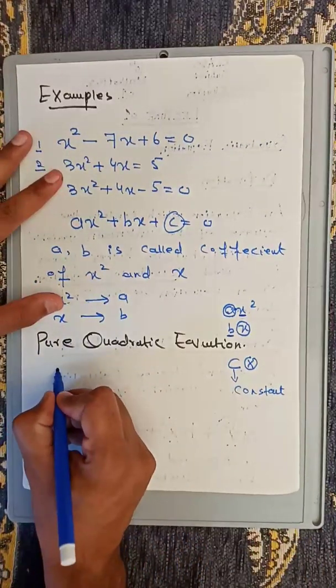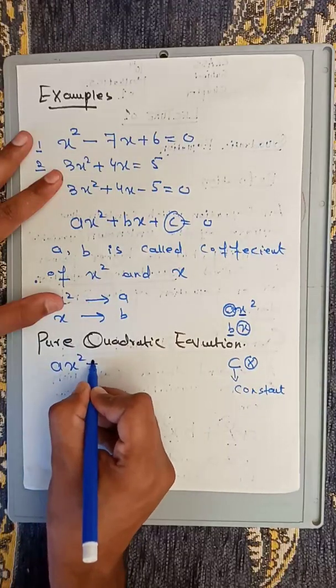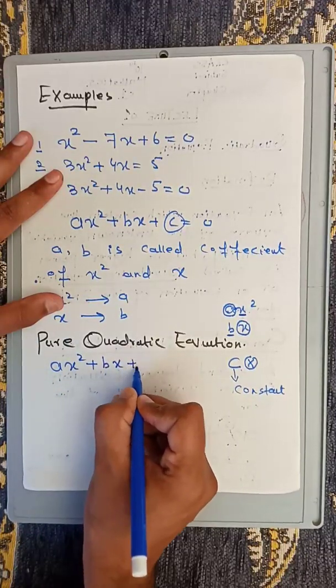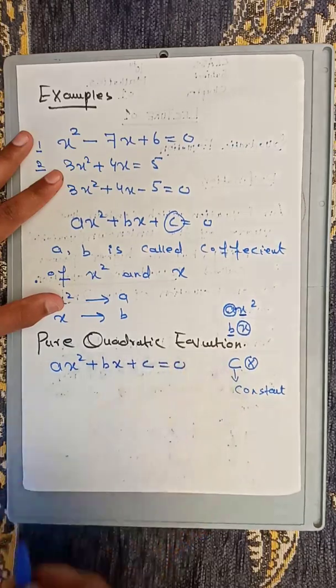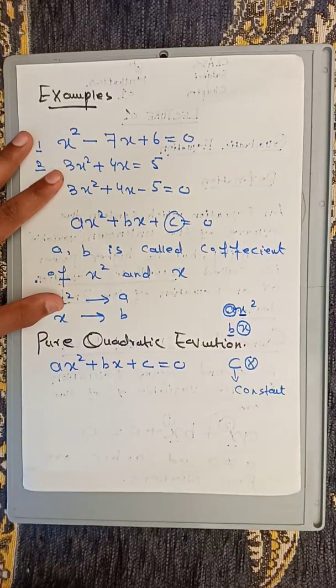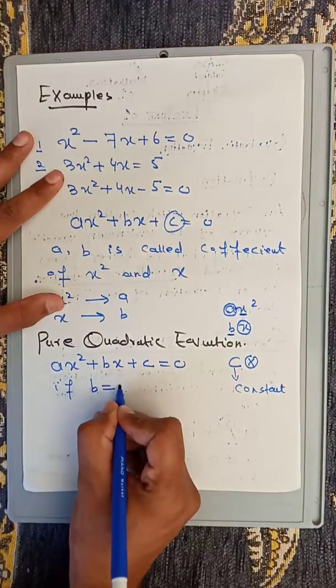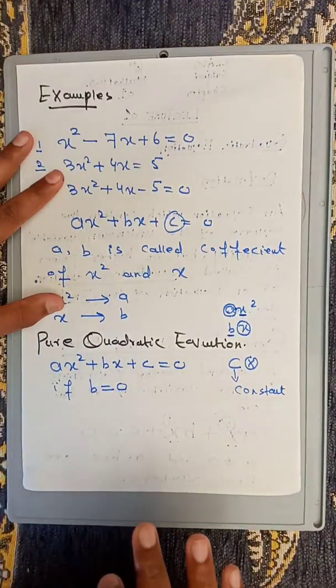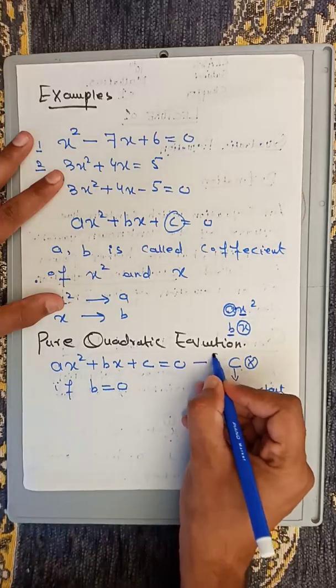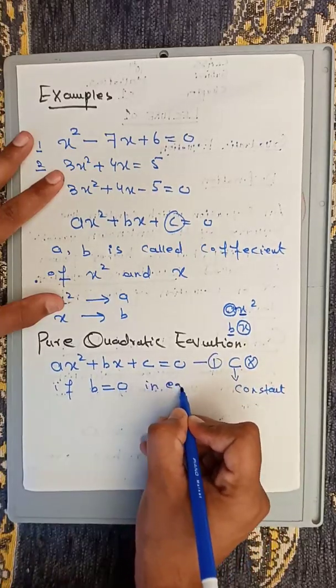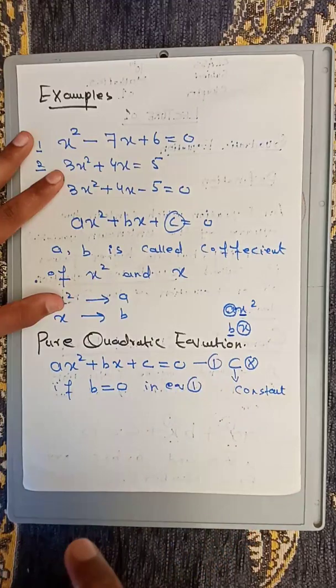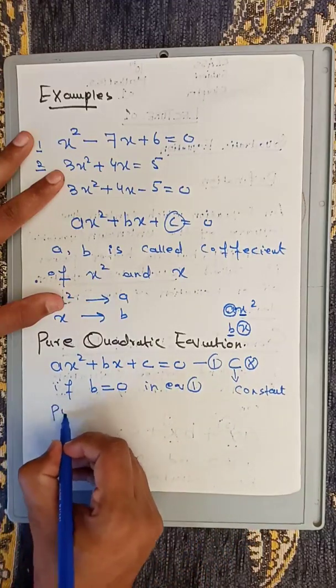So we know that the quadratic equation expression is ax square plus bx plus c is equal to 0. Okay students, if b is equal to 0, it is called a pure quadratic equation.